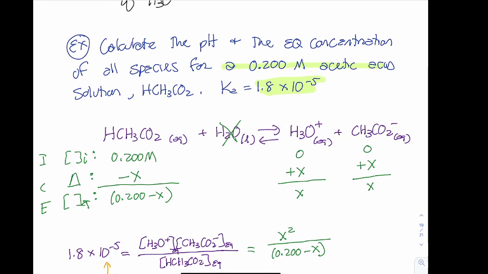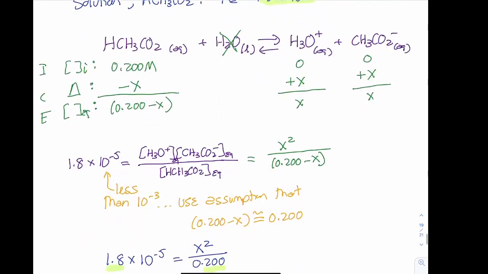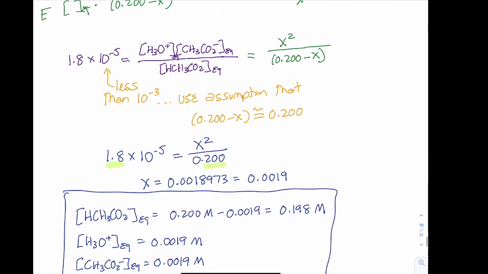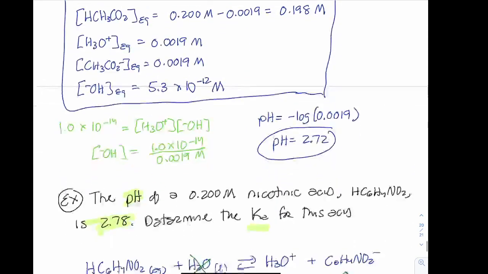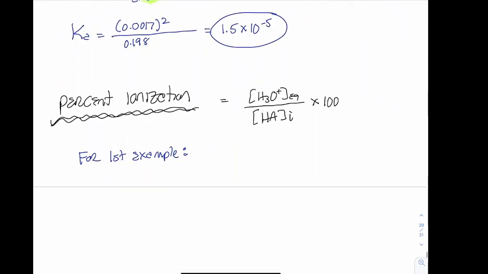So my initial concentration is 0.200 molar, and then my equilibrium concentration for hydronium ions is 0.0019 molar. So we need to remember those here for a second. The percent ionization is going to equal 0.0019 molar divided by 0.200 molar, multiplied by 100.